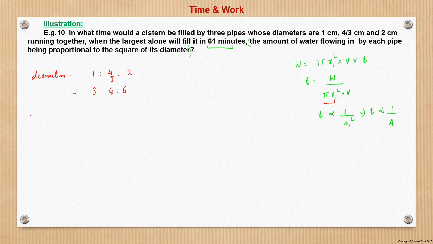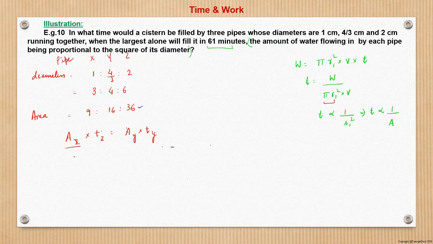So the ratio of area will be 9 is to 16 is to 36, for pipes X, Y and Z. So here area of Z into time taken by Z will be the same as area of Y into time taken by Y. This we can write.